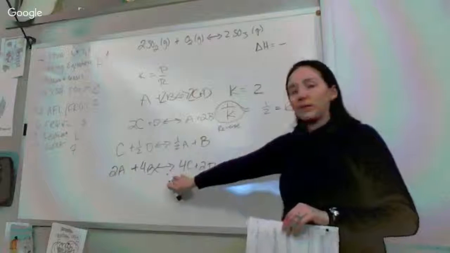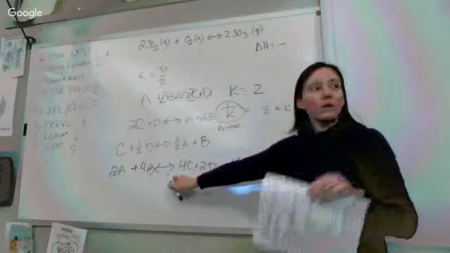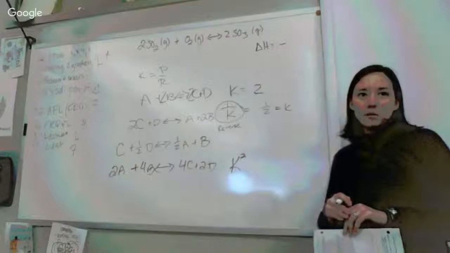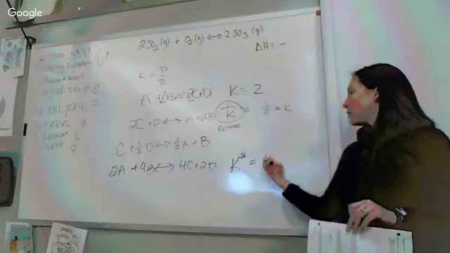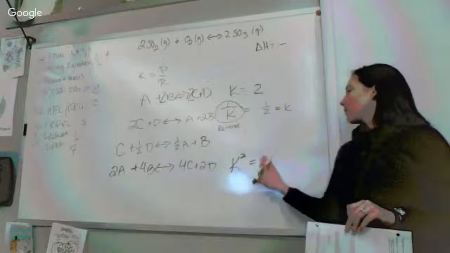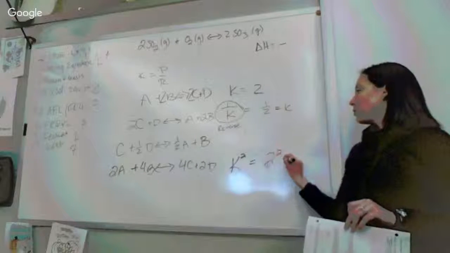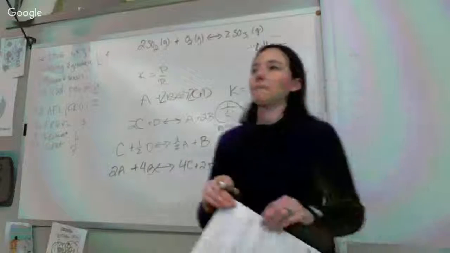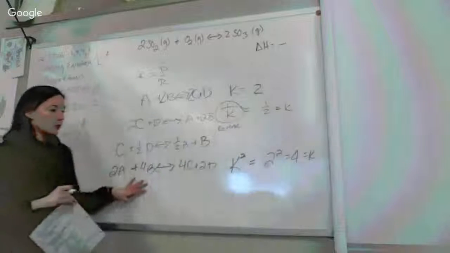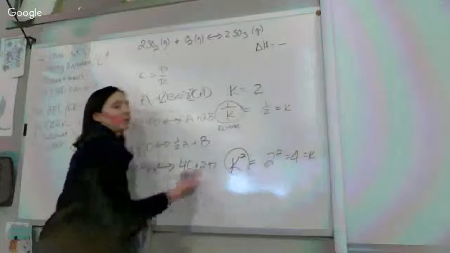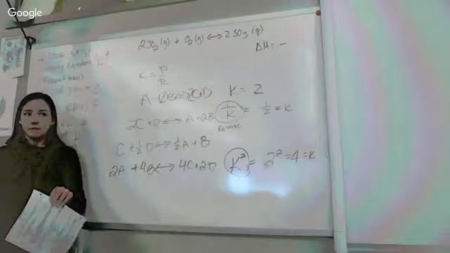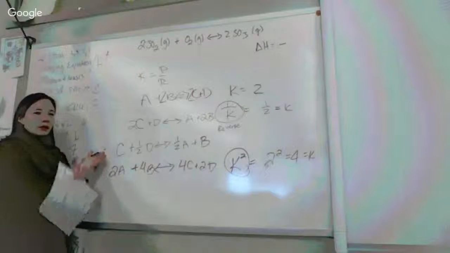Here, I doubled it, so I'm going to take a 2 and make that my exponent on my K. So K is going to become squared. Since my K was 2, 2 squared, now my K is 4. So I take what I did to the coefficients and make it my exponent on K.